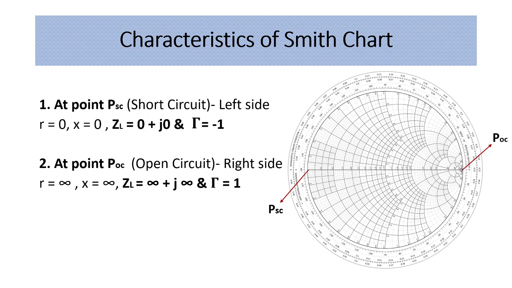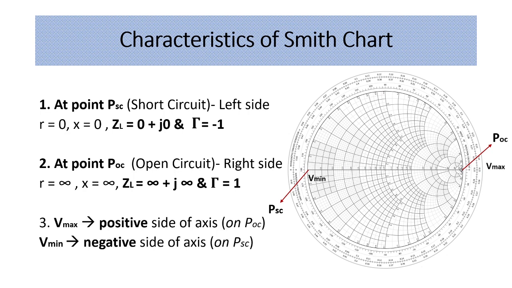The next point is POC, which lies on the right side of the Smith chart, representing the open circuit point where ZL is infinity plus J infinity and tau equals 1. Now Vmax, the maximum voltage, lies on the positive axis of Smith chart and Vmin lies on the negative side of the axis on the Smith chart.